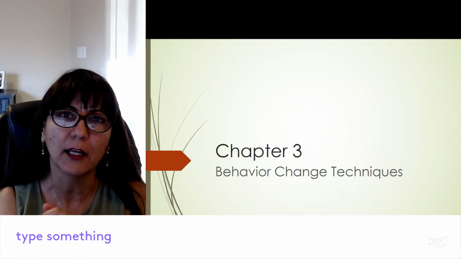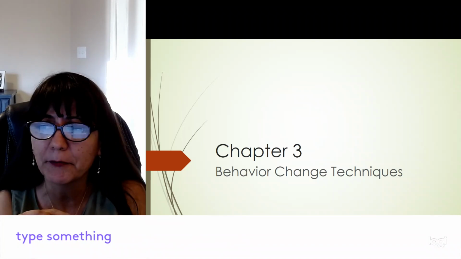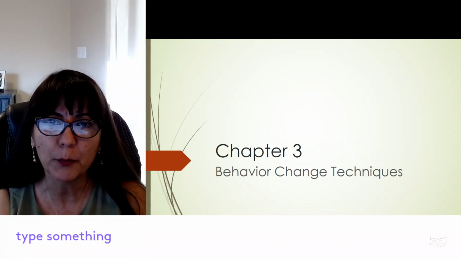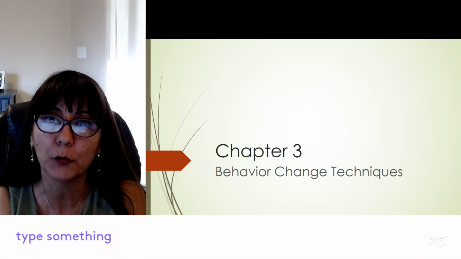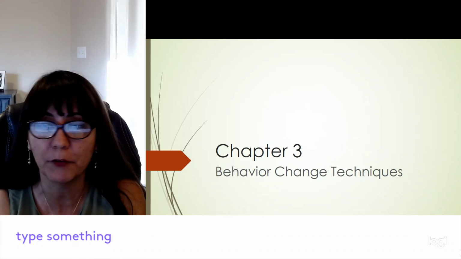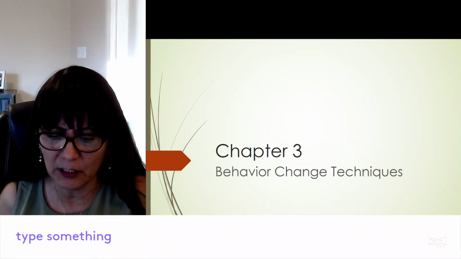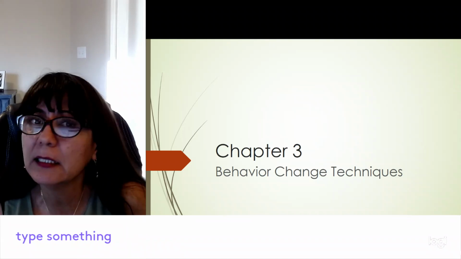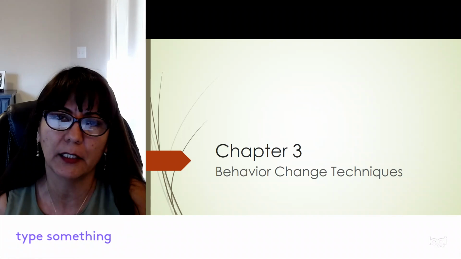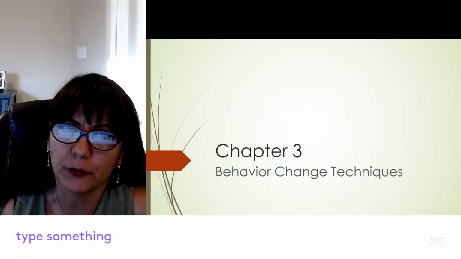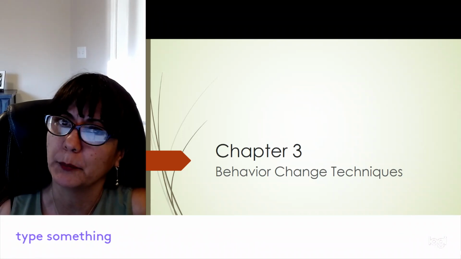It gives you a laundry list of 26 types of techniques, but know that there's many, many more. And it even makes reference to Michie's most recent list of behavior change techniques, which include up to, I think, 90 plus different techniques to target these different psychological constructs that we believe influence behavior.